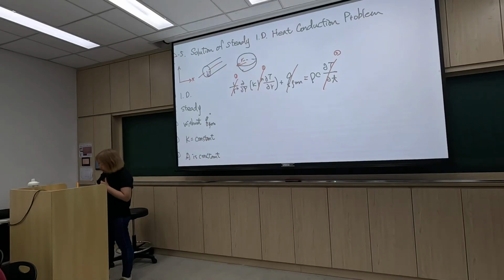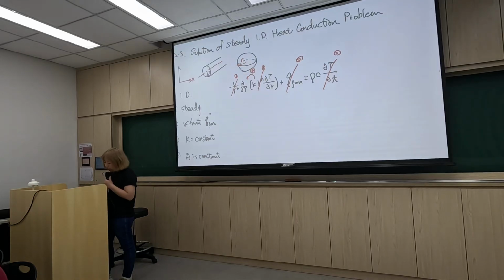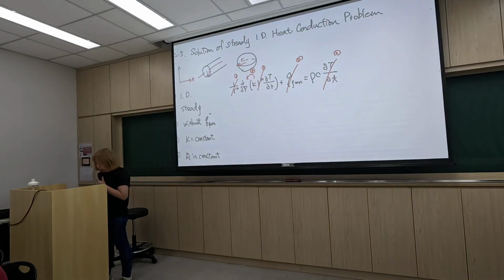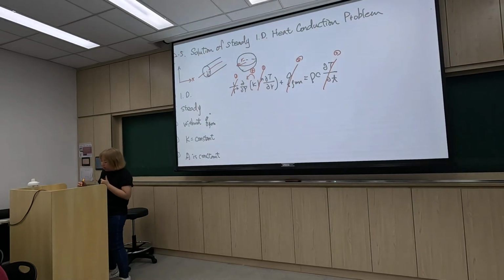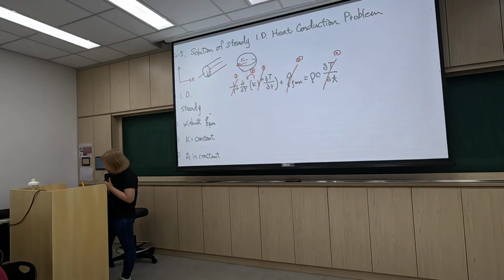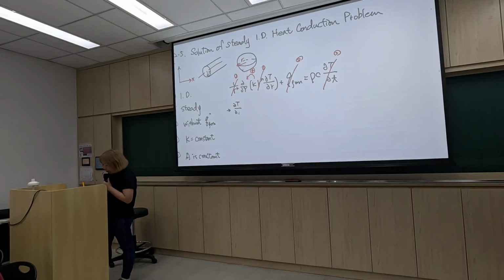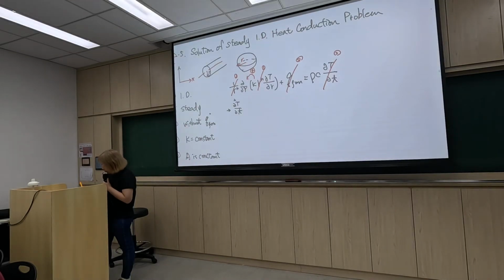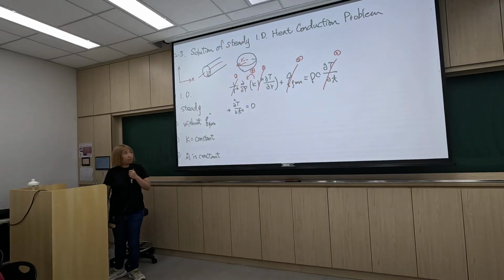No heat generation, this will be number 3. And we move down the k, so this will be number 4. Based on those assumptions, we can simplify our equation into only one second derivative, and the right hand side will become 0.